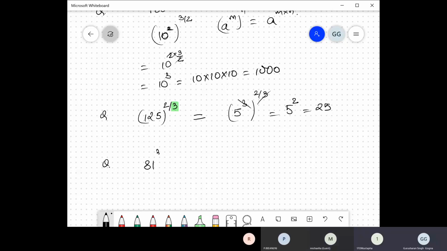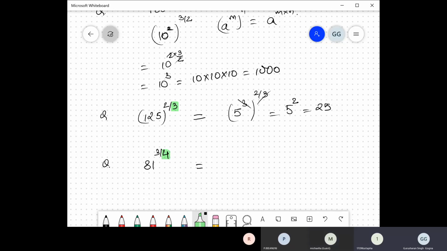81 to the power 3/4. So what should I do here? The hint is already in the question, which is the 4, and you need to arrange.